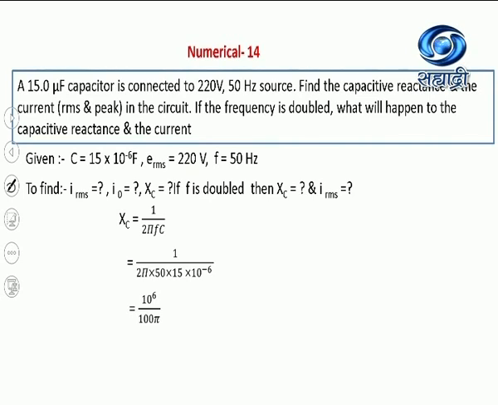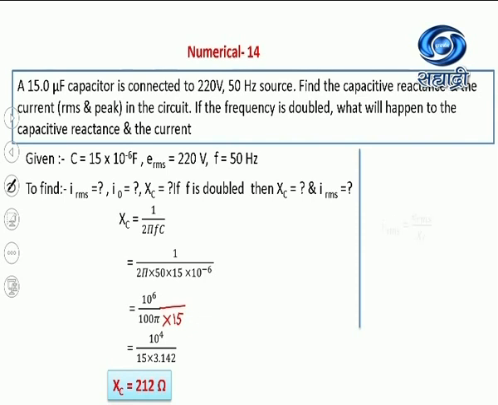That gives 10 to the power 6 divided by 100 pi into 15, because 50 into 2 is 100 pi. Now 100 goes to the numerator, so it is 10 to the power 4 divided by 15 into 3.142. So capacitive reactance is 212 ohm.